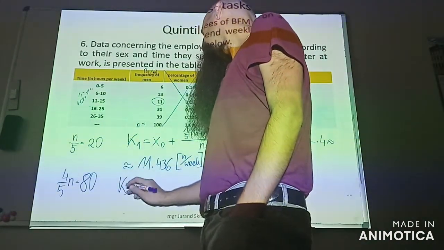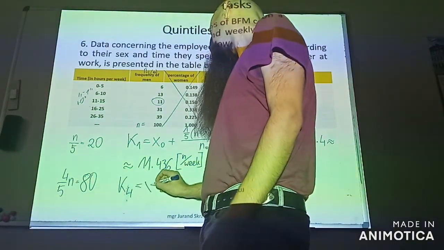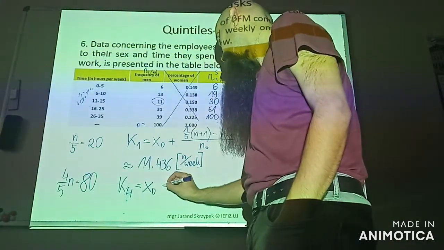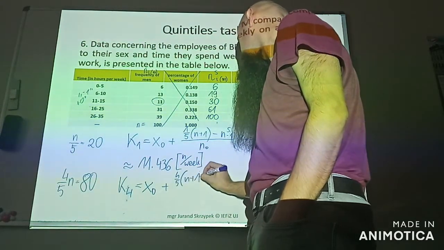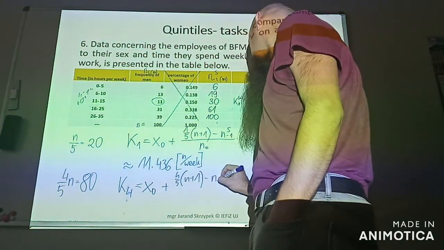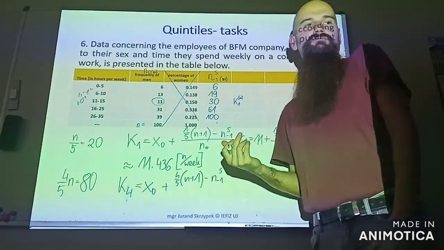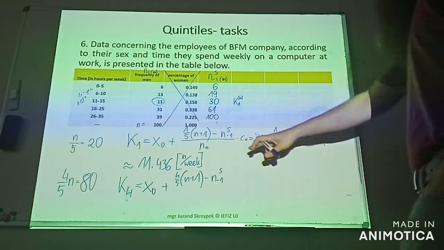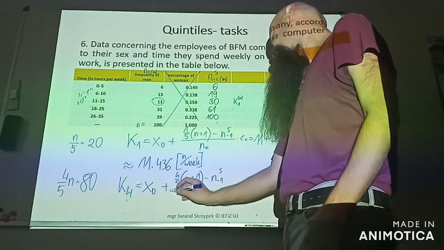And the last quintile is expressed by the formula, as I said before. Here the only change is the fraction and the symbol of the measure.